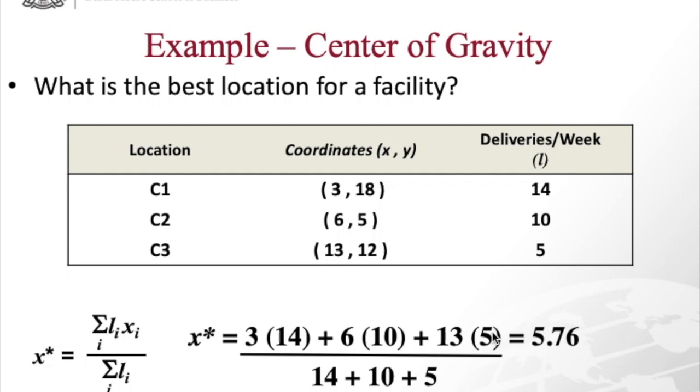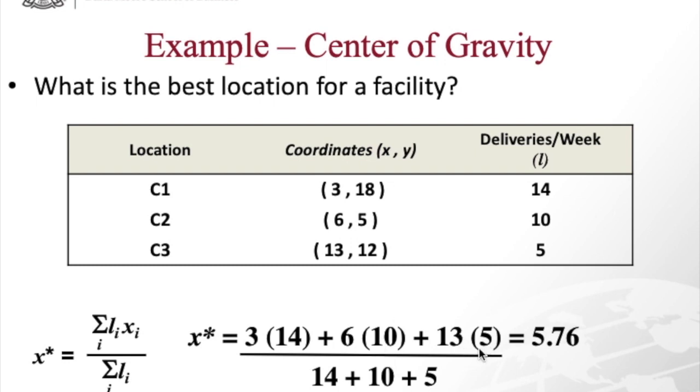As you can see in the math, what we're doing is shifting the point more towards the location where you deliver more. If you do an average, 3 plus 6 plus 13 divided by 3, it will give you another point, a lot more towards 13.